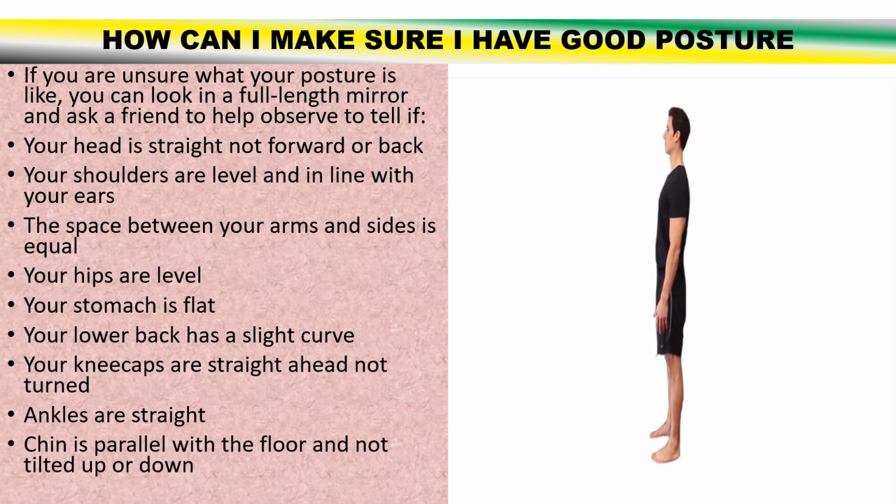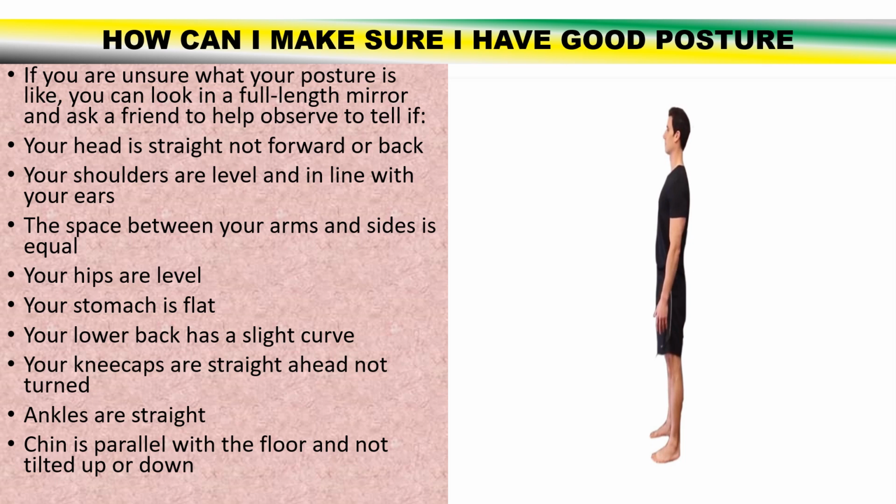Your stomach is flat. Our stomach must be very flat, right? We must have the six pack. The girl should have the flat abs, and the guy should have the six pack. So if you have a six pack, definitely you have a very good, correct posture, right?